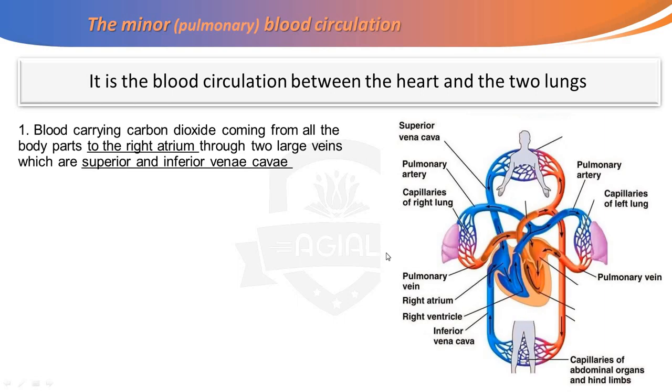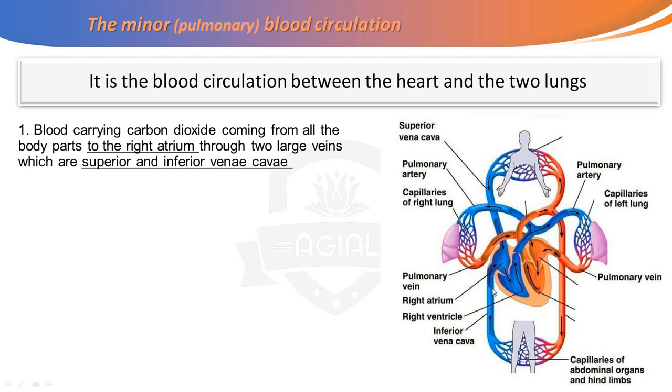If you remember, we said that the blood carrying carbon dioxide coming from all the body parts reaches the right atrium through two large veins, which are superior vena cava and inferior vena cava.